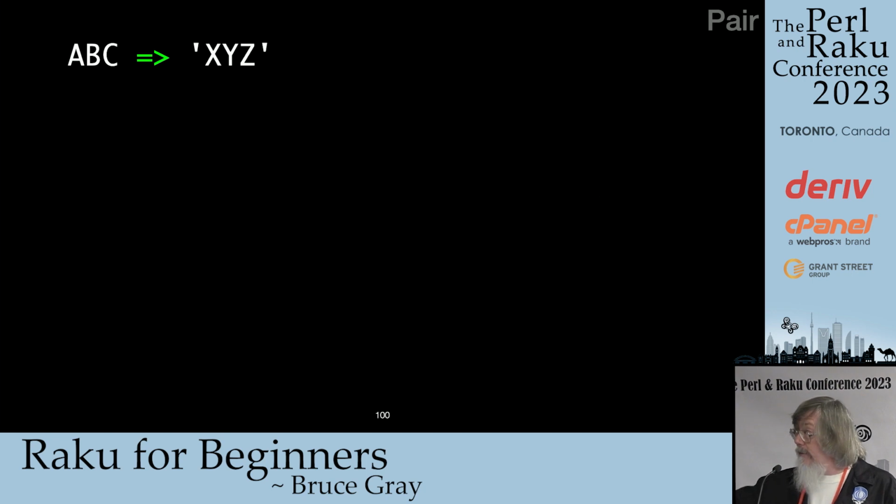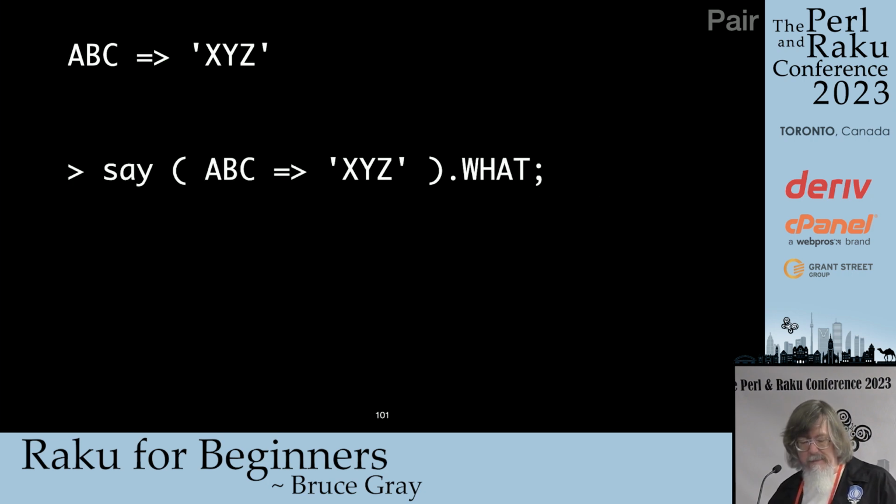Even if they're not associated with a hash, they can just be a freestanding object. You would get at ABC of that with the dot key method and the XYZ with the dot value method. So, hoisted into a pair, it's a pair type. That is a type.